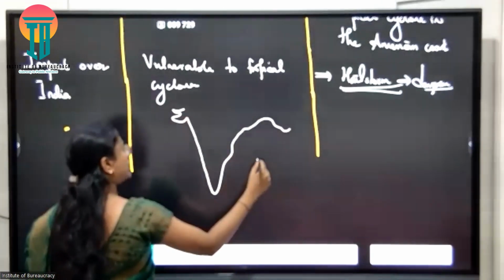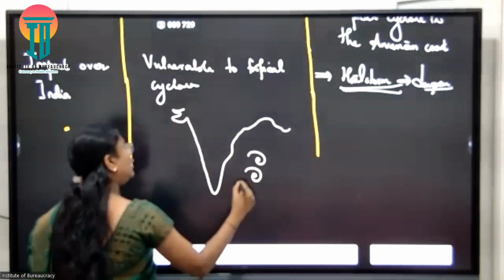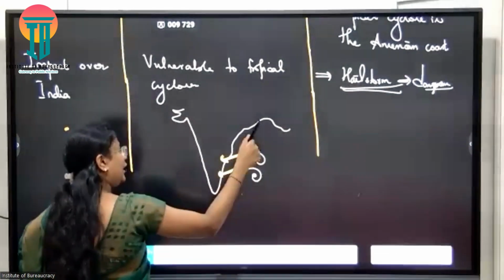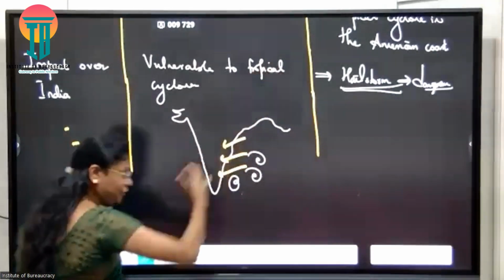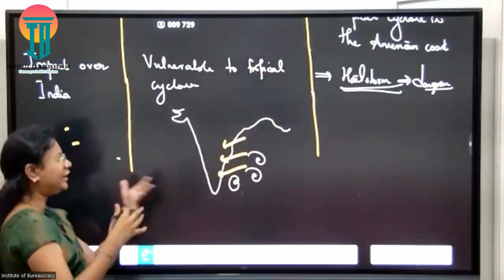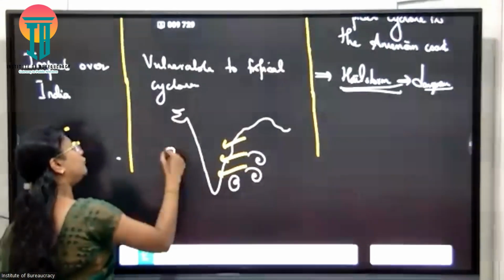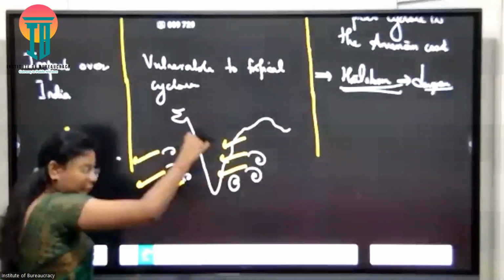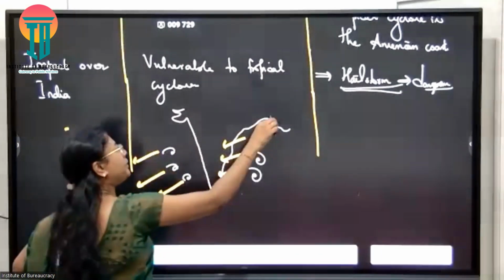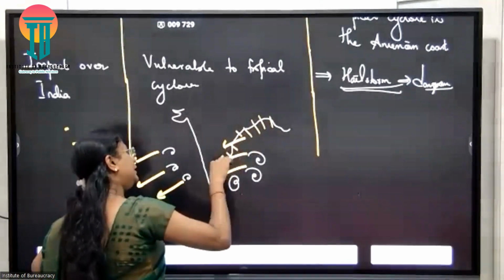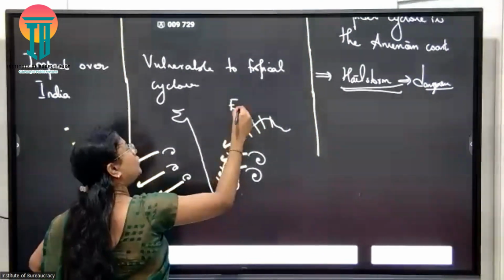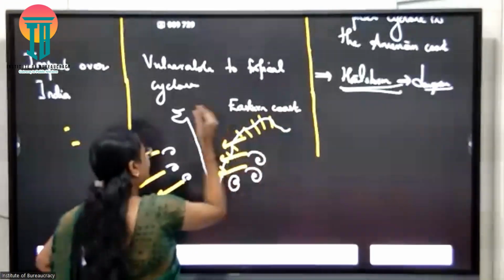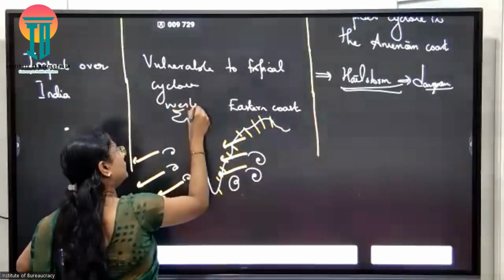The cyclones forming in the Bay of Bengal are driven towards your India mainland due to the east to west direction, trade wind belt. Cyclones forming in the Arabian Sea are driven away from India mainland. So maximum impact in the belt, eastern margins are most vulnerable than my western coast.